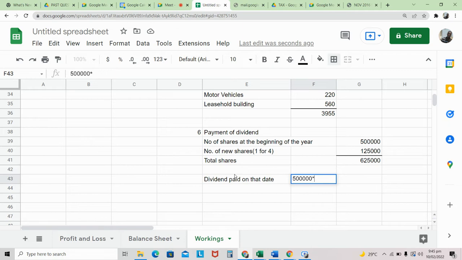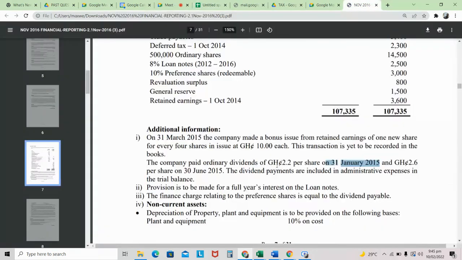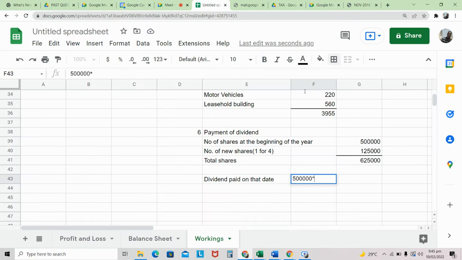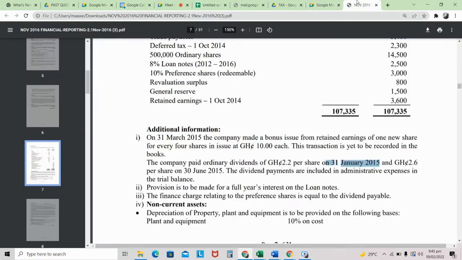The question again: how many shares were there as at 31st January 2015? Pius has answered the question. So there were 500,000 shares, and then the dividend payment is 2.2 Ghana cedis per share.